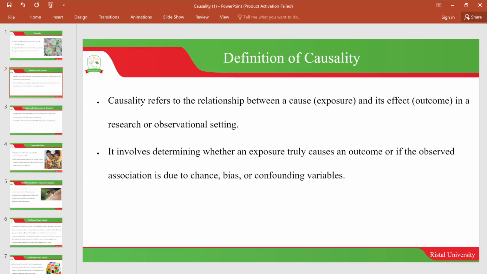If you don't know how to link high fat diet with cardiovascular disease, then you're not going to tell people to eat healthy foods. So it is very important to know the exposure and the health event that is linked to these exposures, and then be able to design interventions.